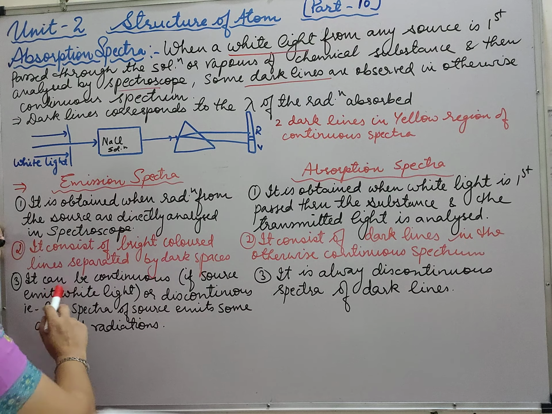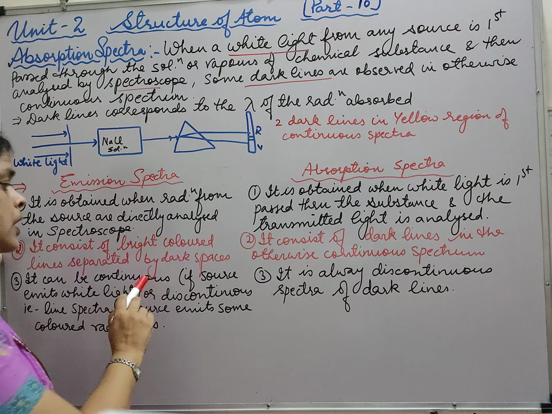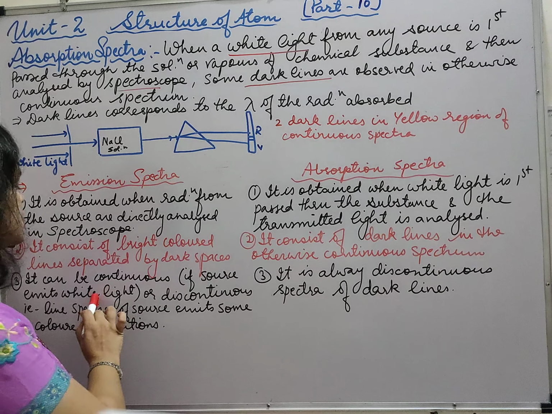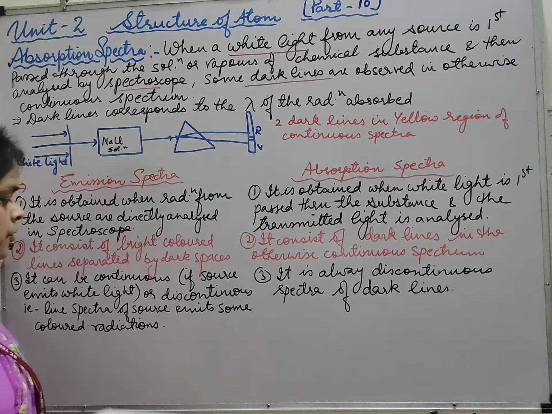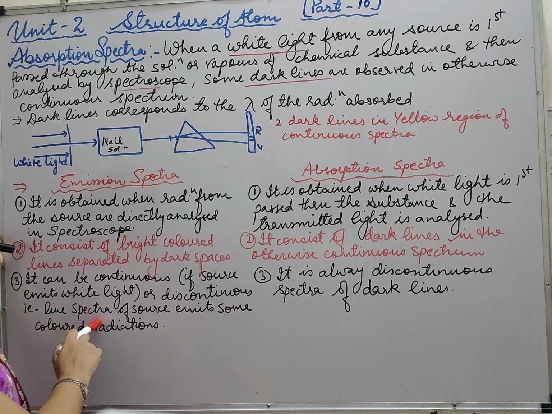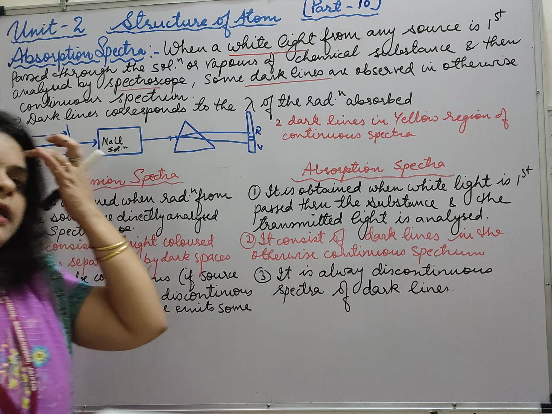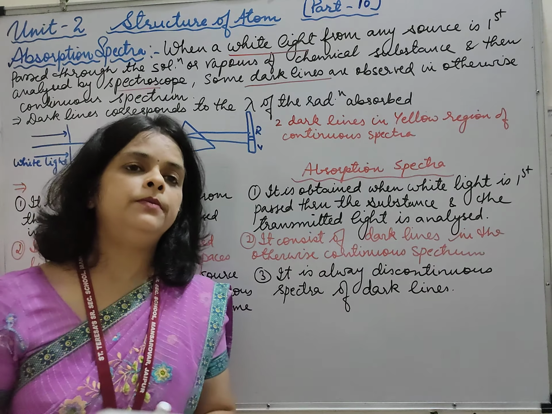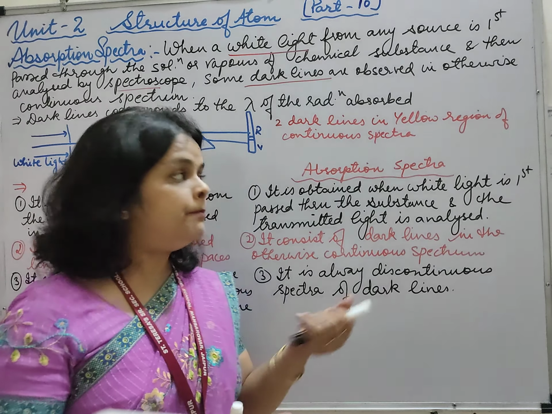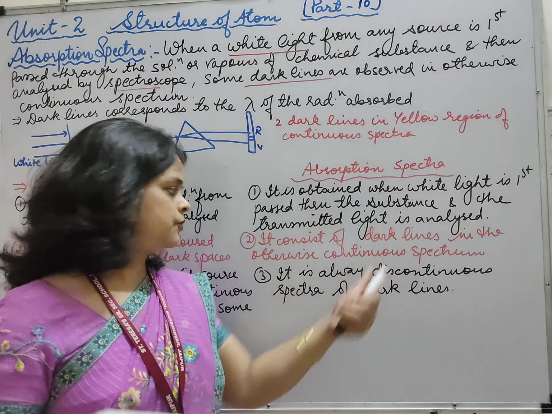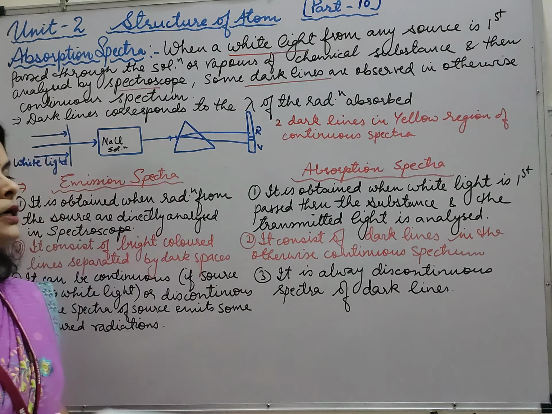Last point: it can be continuous. Our emission spectrum can be continuous if the source emits white light, or it can be discontinuous, the line spectrum, if the source emits some colored radiations. Like we saw with NaCl, we got some colored radiations. It can be continuous or discontinuous, but in absorption spectra it is always a discontinuous spectrum of dark lines.